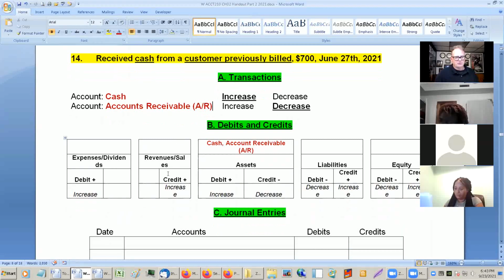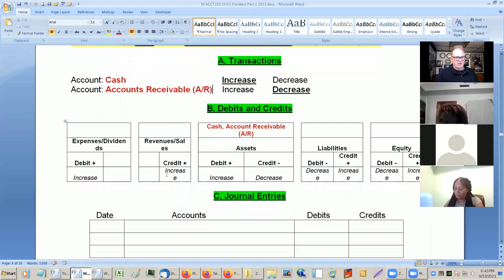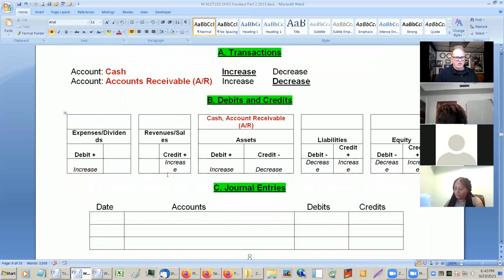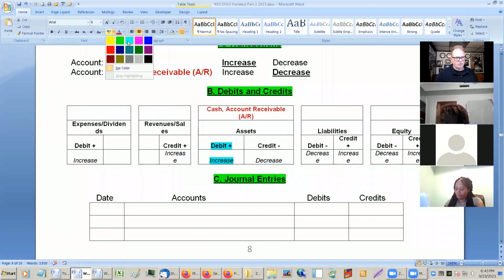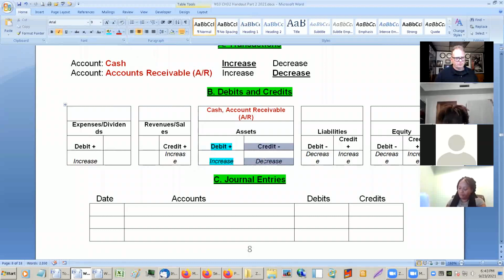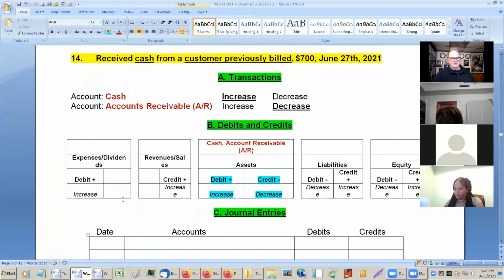So let's take a look down here. Cash going up will be a debit. And receivable going down will be, so I'm going to use the abbreviation at least first of all.